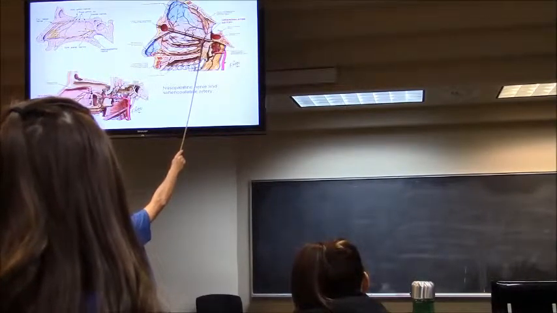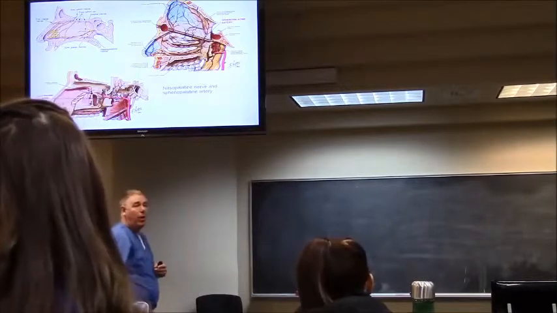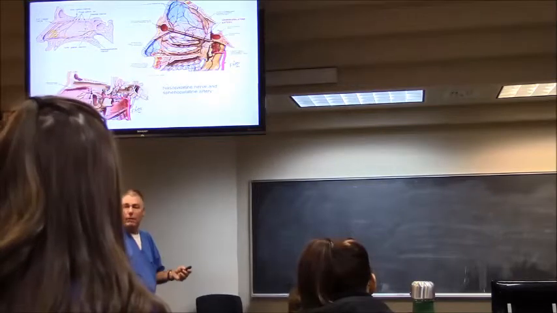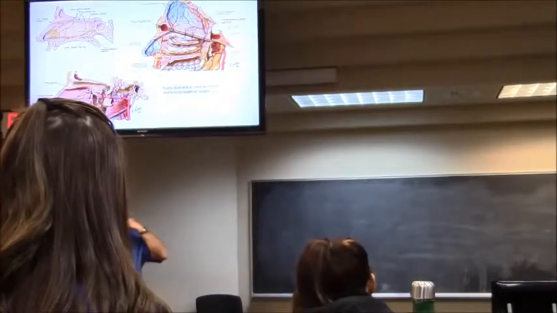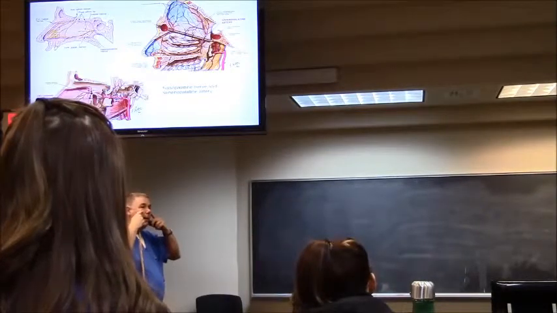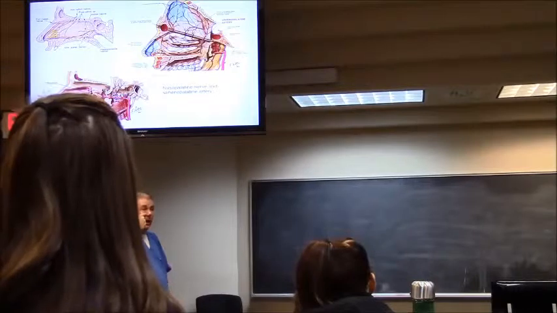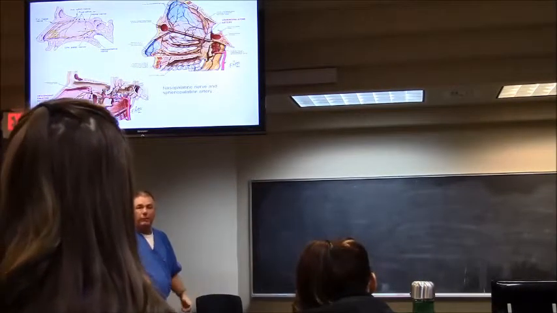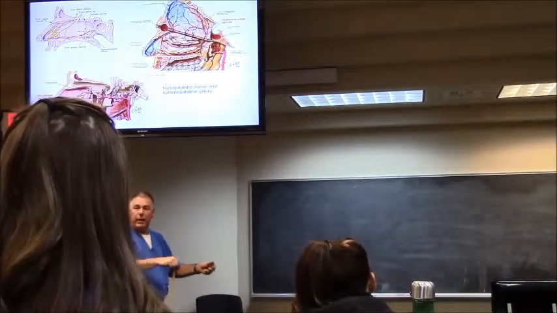This artery here is called the sphenopalatine artery. It is the termination of the maxillary artery. Remember, the maxillary artery comes across here like this, goes all the way up here and dives through that hole to enter the back of the nasal cavity. Once it dives through the hole, called the sphenopalatine foramen, it now becomes the sphenopalatine artery.